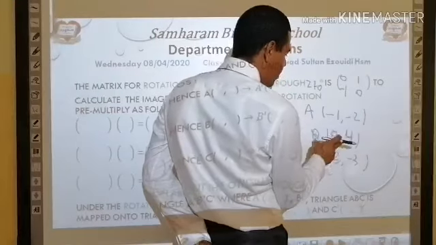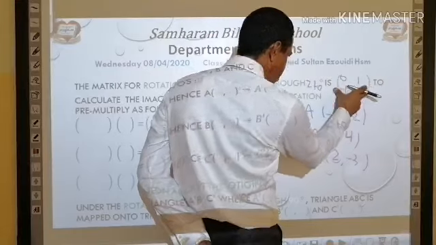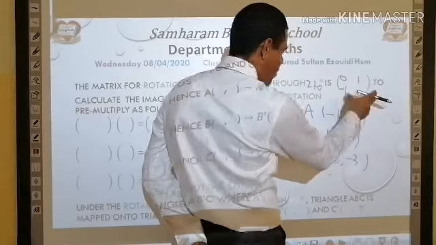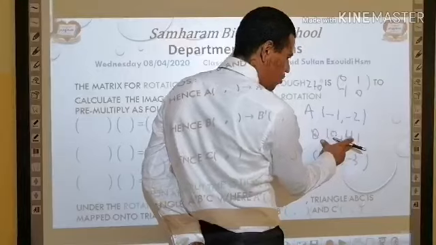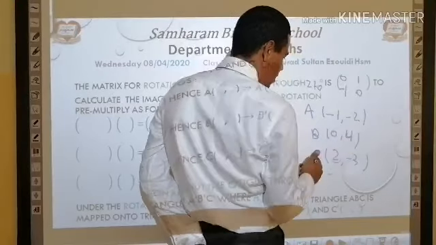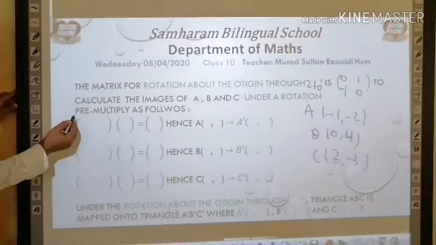Then I will immediately move to multiply this matrix for rotation about the origin through 270 degrees by the column vector of this point to find its image, and C also.